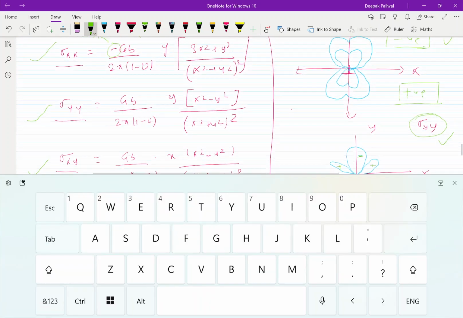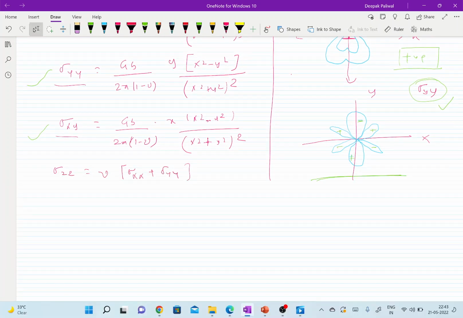Now let us see the distribution of sigma xy. It would be like this. This is positive, this is negative, then we have petals like this.